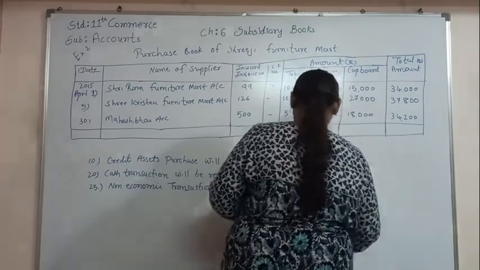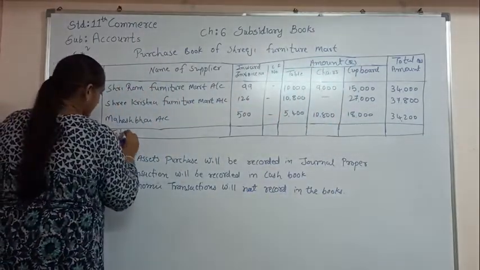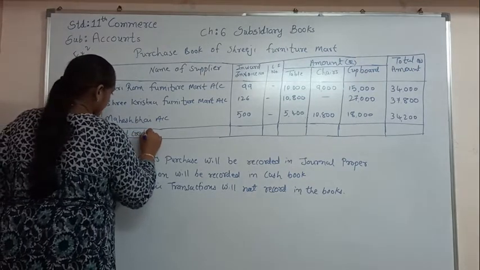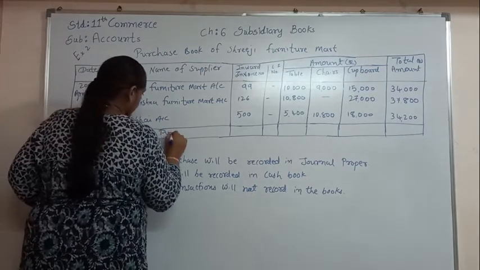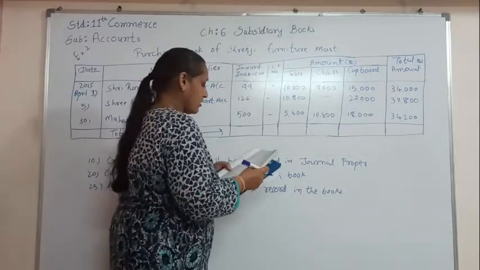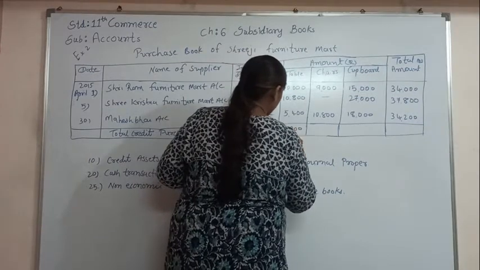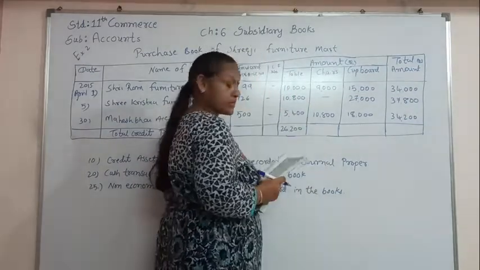Here the total credit purchase, the total of this will be 26,200. That is the total credit purchase of table.